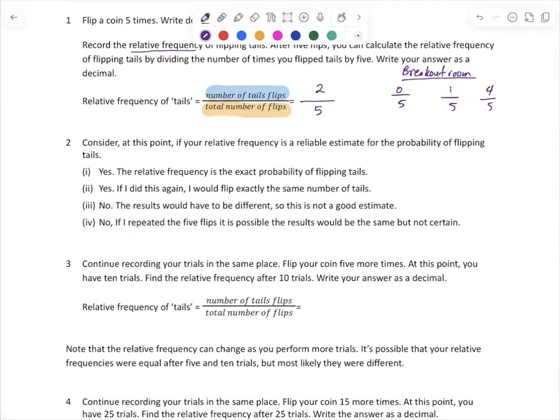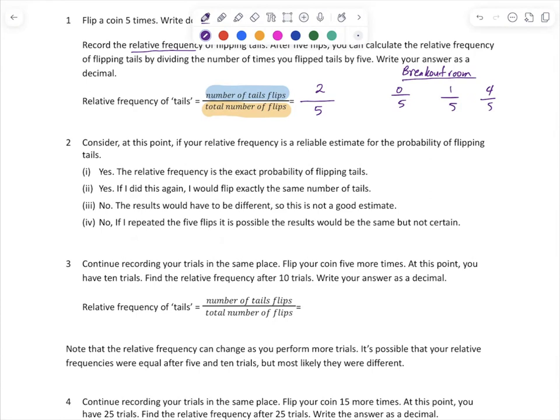Consider at this point if your relative frequency is a reliable estimate for the probability of flipping tails. Remember that if we repeat the 5 flips again, it's possible that the result would be the same, but we are not certain about that. On any 5 trial flip, you might flip 0, 1, 2, 3, 4, or 5, right?